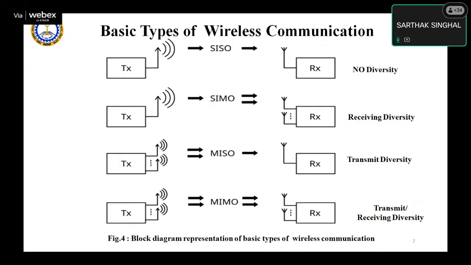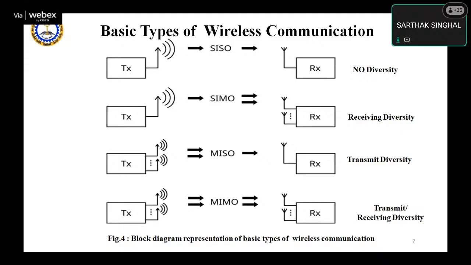Okay. Then comes your SIMO, which is single input and multiple output. That is, your transmitter will be one, but multiple receivers are receiving. So this is a kind of broadcast system in which one transmitter is transmitting the signal and multiple receivers are receiving that signal.